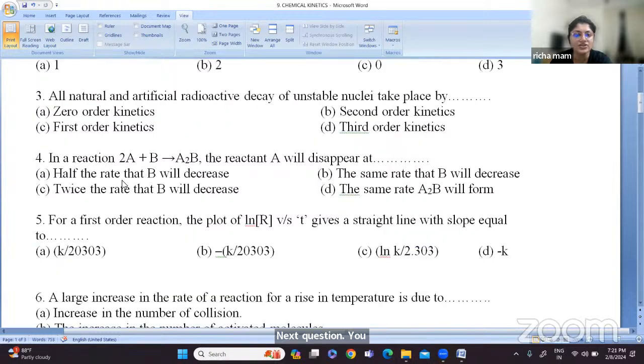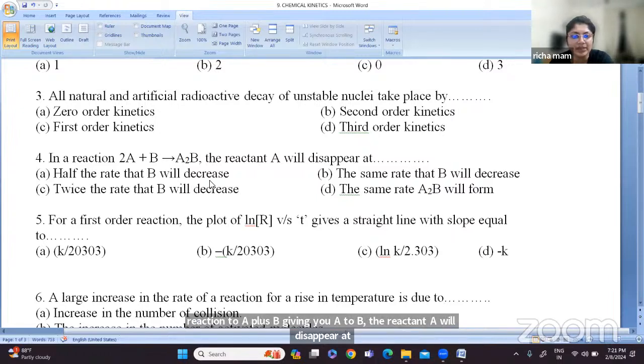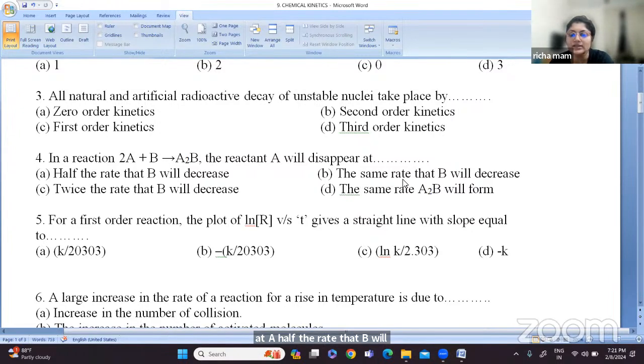In a reaction 2A plus B giving A2B, the reactant A will disappear at: A, half the rate that B will decrease; B, the same rate that B will decrease; C, twice the rate that B will decrease; and D, the same rate A2B will form. Usha has answered it as C. Others?